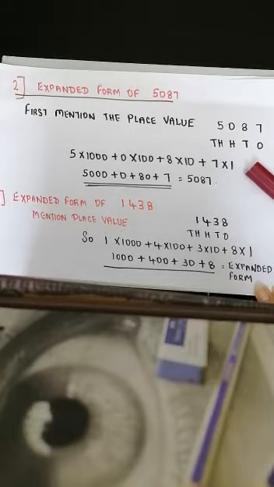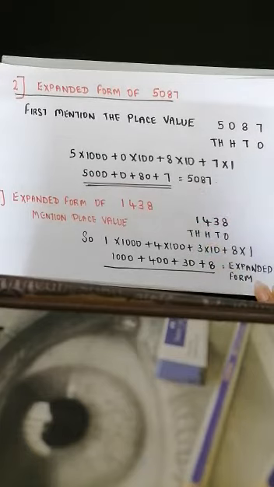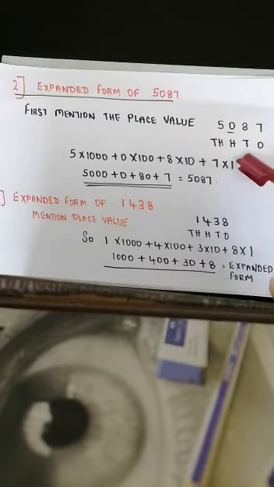Always remember the place value and the face value of the digit 0 is always 0.